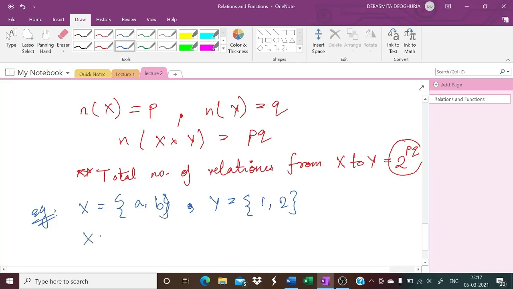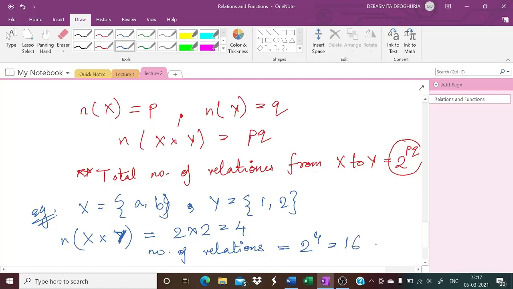So in the set X cross Y, the Cartesian product set, how many elements will there be? 2 into 2, 4. So the number of relations from X to Y will be 2 to the power 4, that is 16.